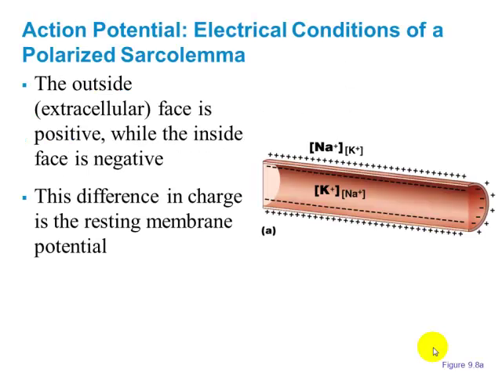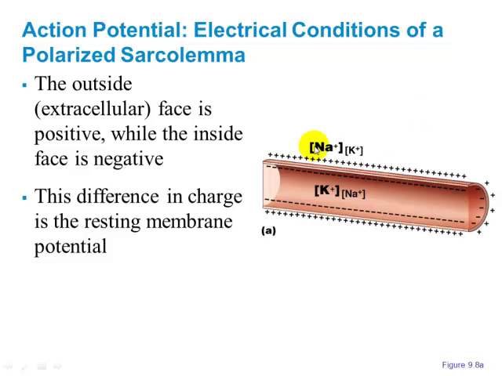So here's an overview of an action potential. If we imagine that this is a very simplified part of a muscle cell, we've taken out all of the other stuff. We're just really looking at the sarcolemma. Now there are lots of different ions, but we're only going to talk about the two that are important right now, and those are sodium and potassium ions.